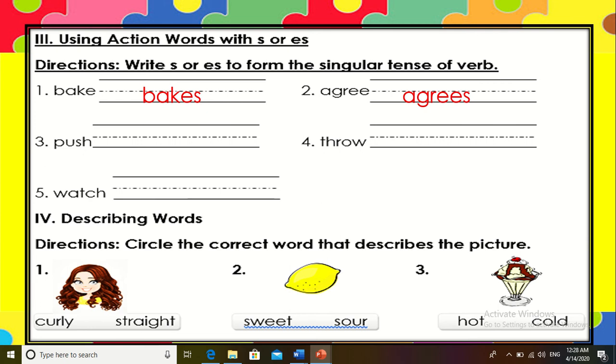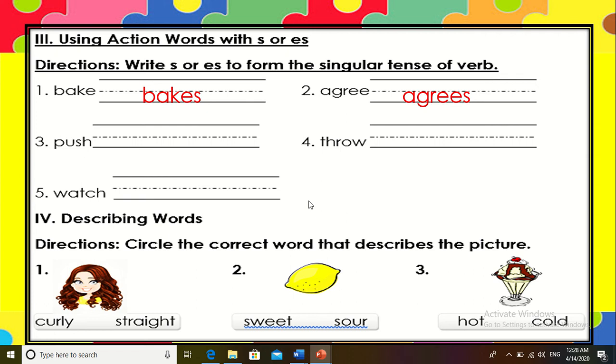Numbers 3 to 5, I will give you time to answer this one. Okay? So number 3, push. 4, throw. And 5, watch.